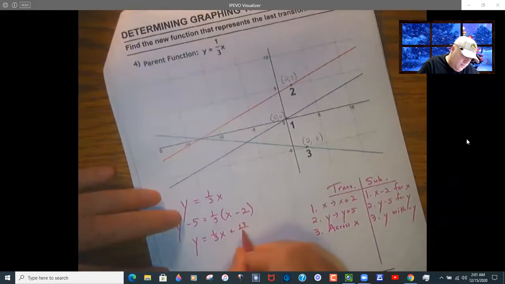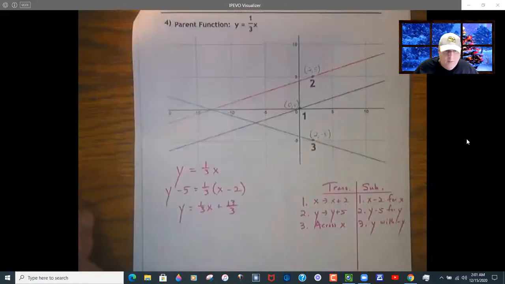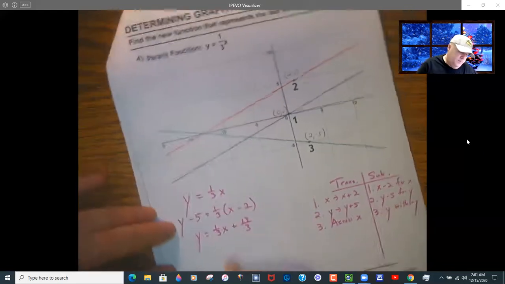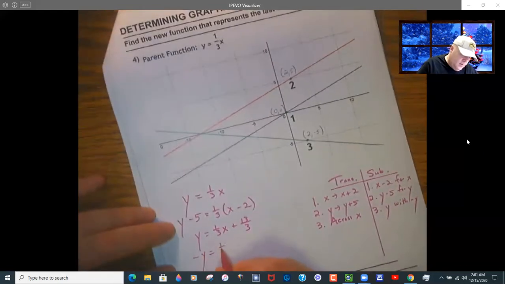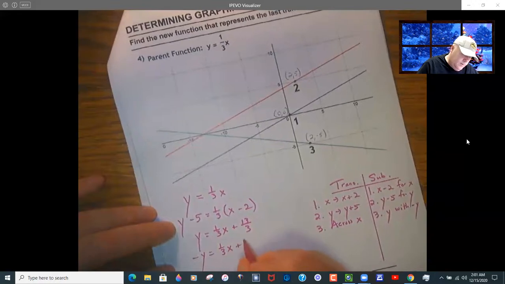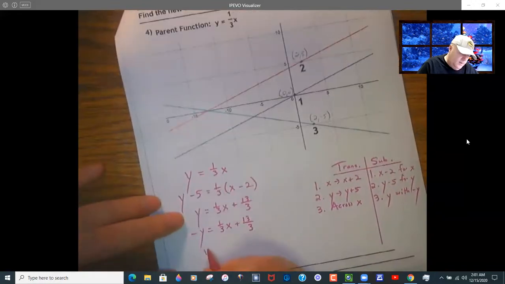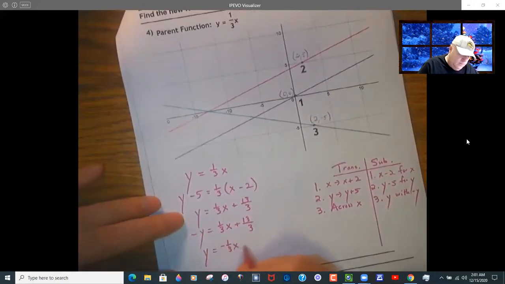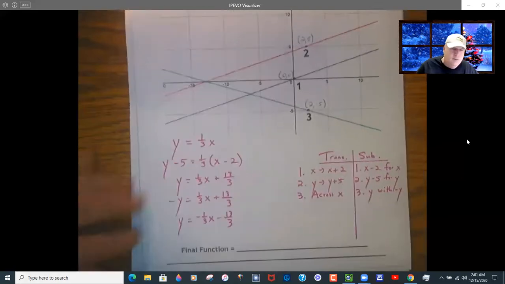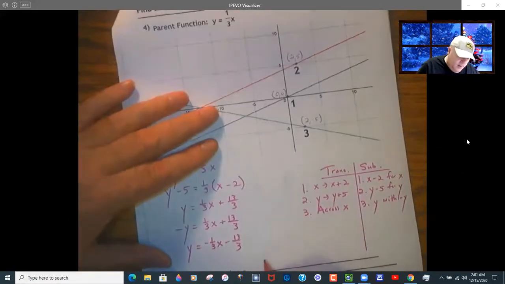It's 13/3. I did that mentally. And now y gets replaced with negative y. So this again just involves running the negative through the right side.